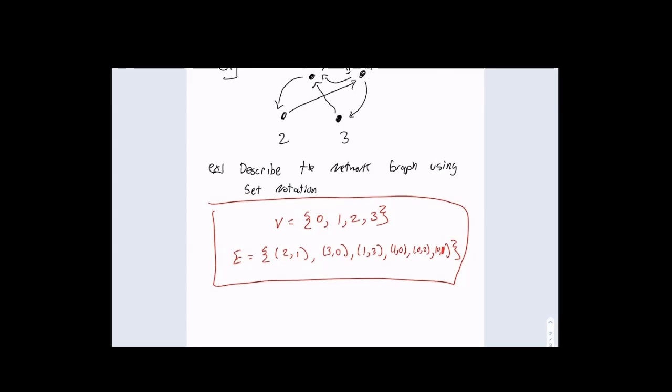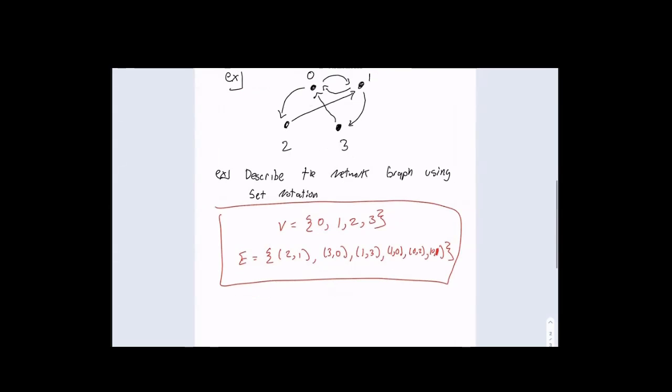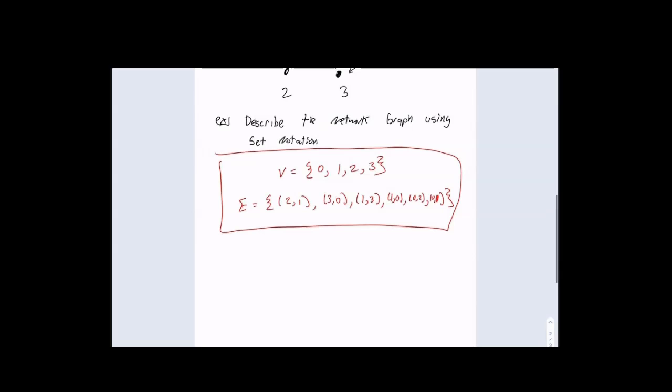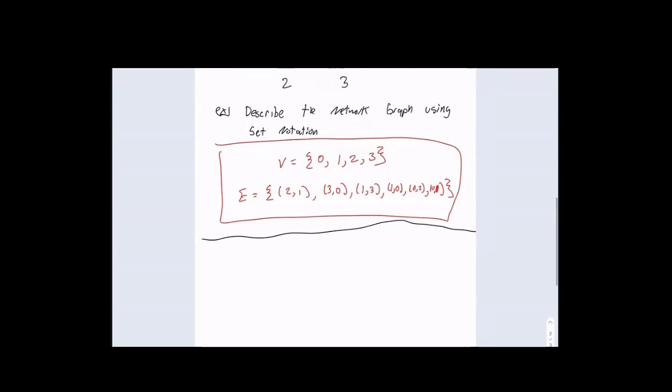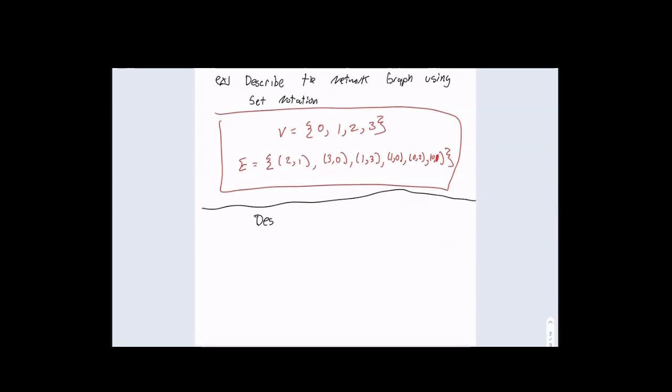In that case, there would have been 5 of them if it was undirected. So that's the difference between directed and undirected. If you can do this, the next piece should be relatively straightforward, and that's describing networks using matrices. Networks and graphs, network graphs all mean the same thing.